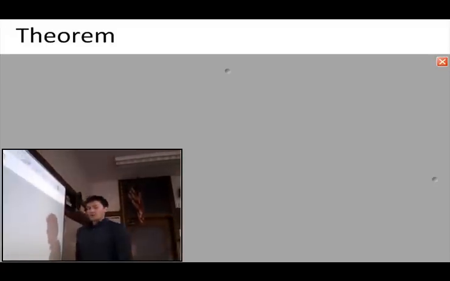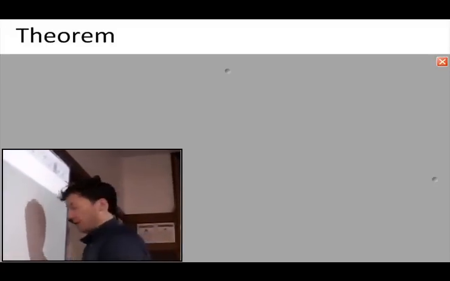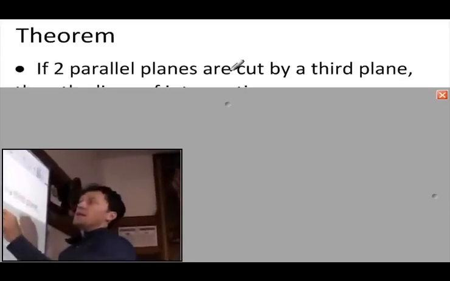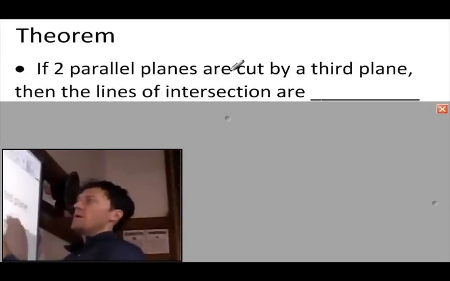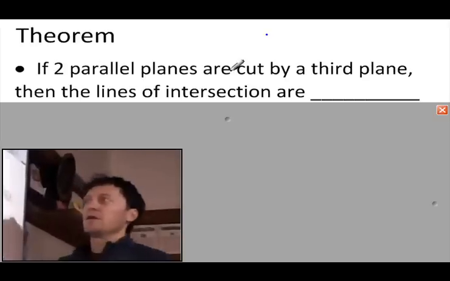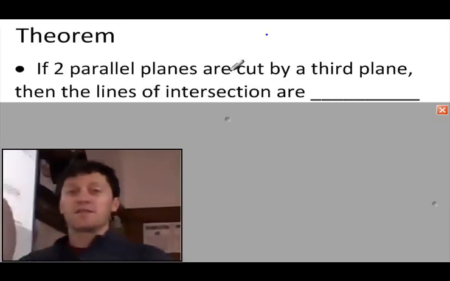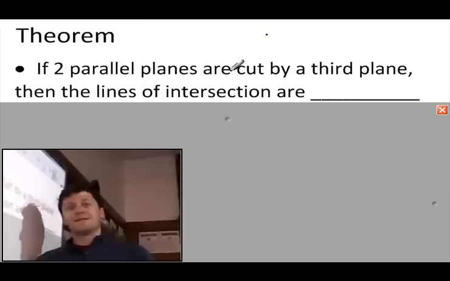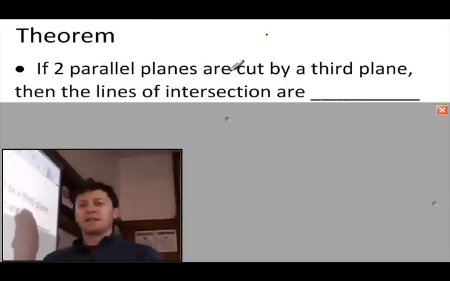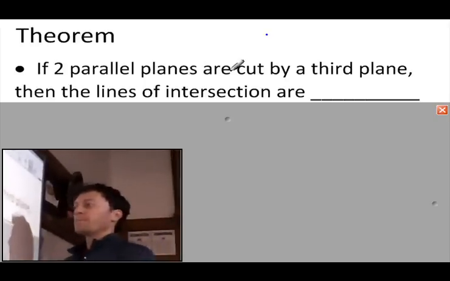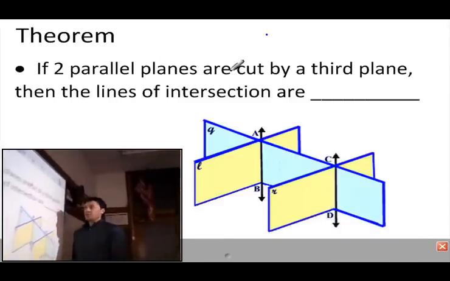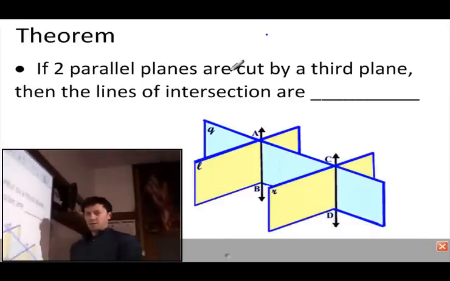Okay, so there's a theorem that goes along with these parallel planes. Let's see if we can pull this down. And it's right here. If two parallel planes are cut by a third plane, then the lines of intersection are blank. I actually want you to think about this one for a second. And actually, you can even look at this diagram here. I've got two parallel planes. Those are the yellow planes.